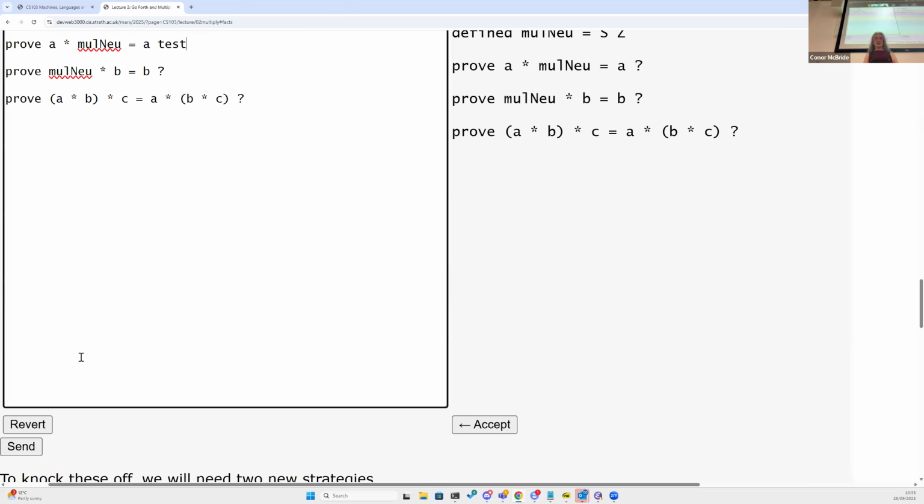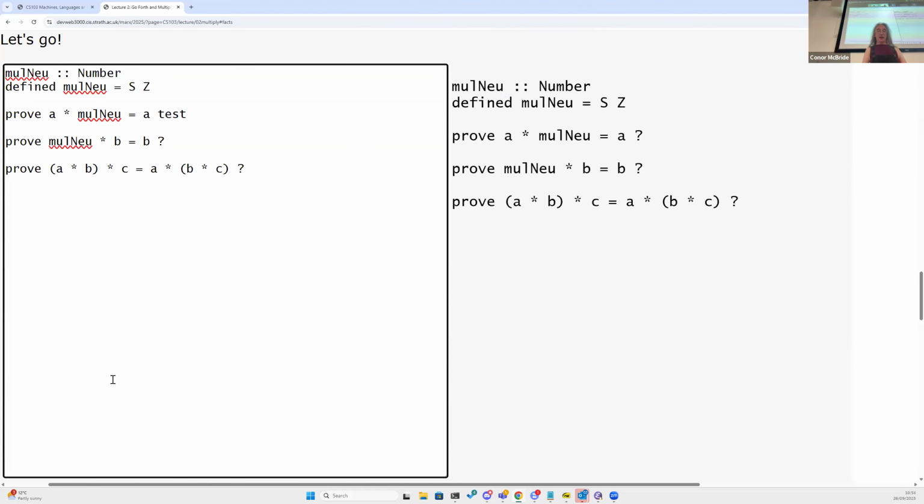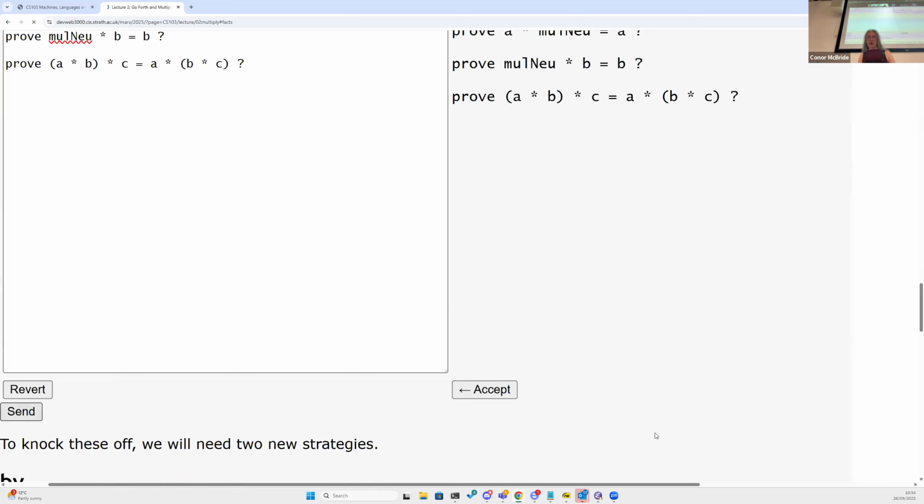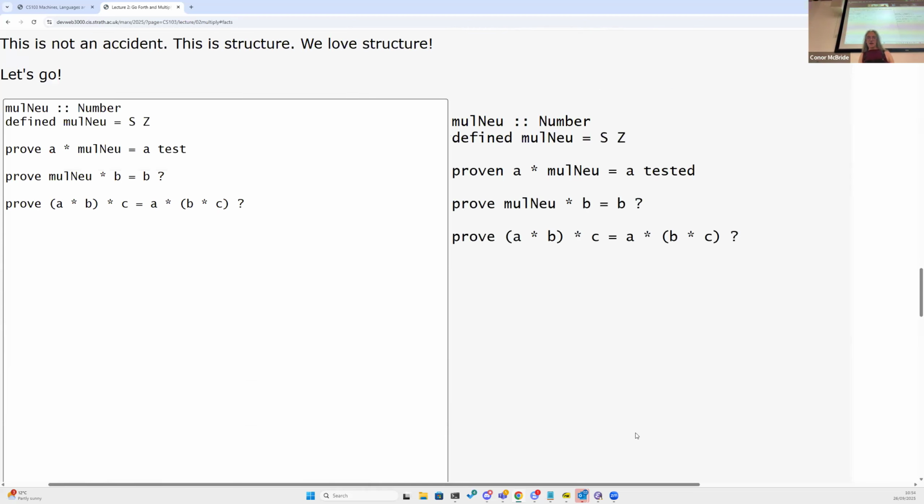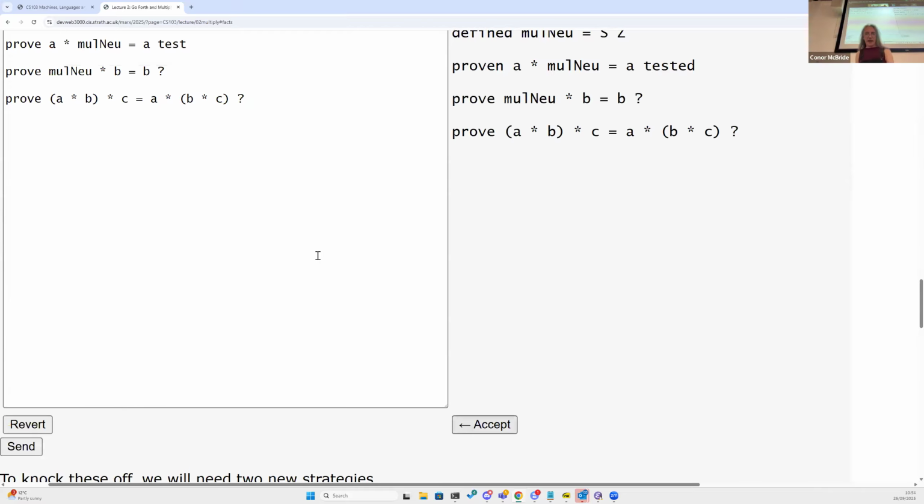Right, because multiplication wants to know about its second input, and here we're saying the second input is actually known. It's 1. So you hit send, and it's proven. Tested. Okay.